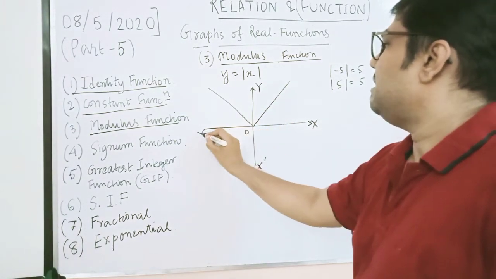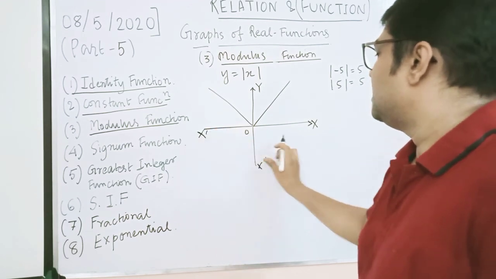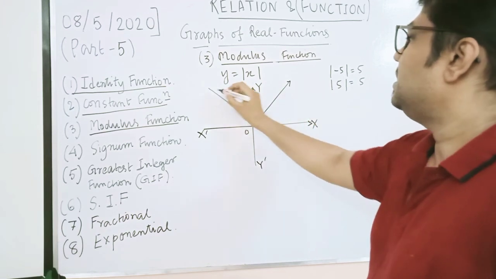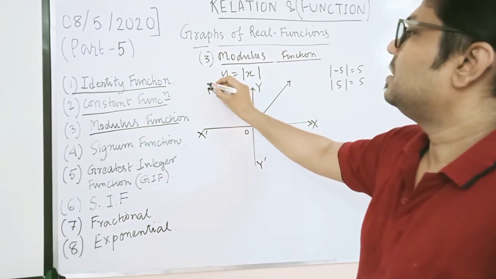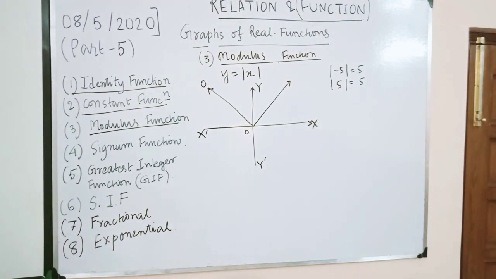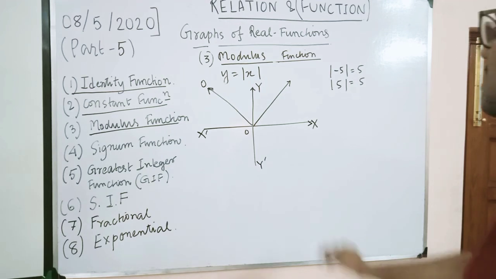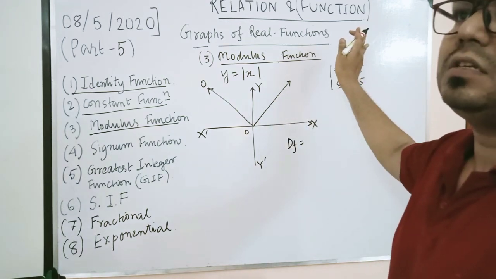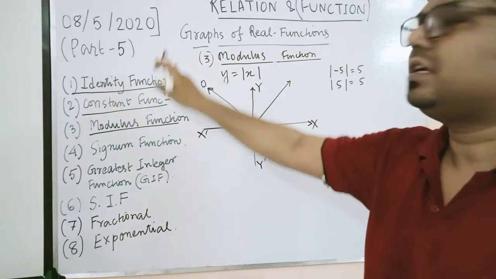And the graph becomes some kind of V, touching the origin and going in different directions. So you can see from the graph, the domain can be understood. That means the domain x, see, x increases indefinitely, x decreases indefinitely.